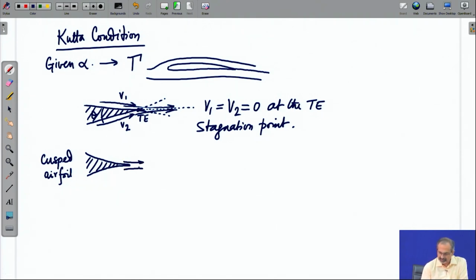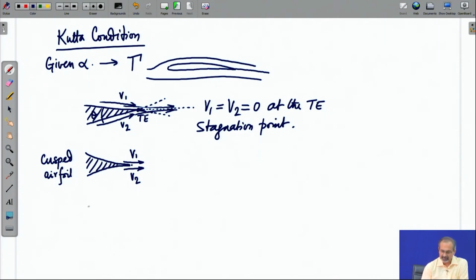That means the inclinations of the two surfaces are approaching each other. In that case, the velocity directions are identical, but then again, if they have different magnitudes, you will have a pressure jump across these two streams.